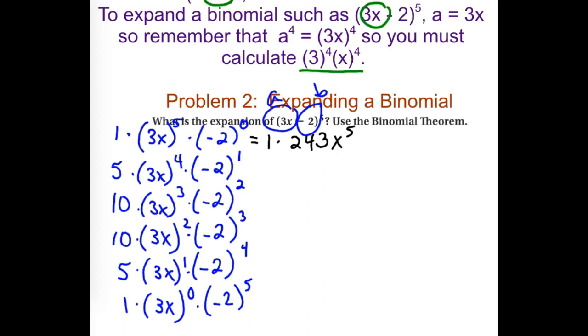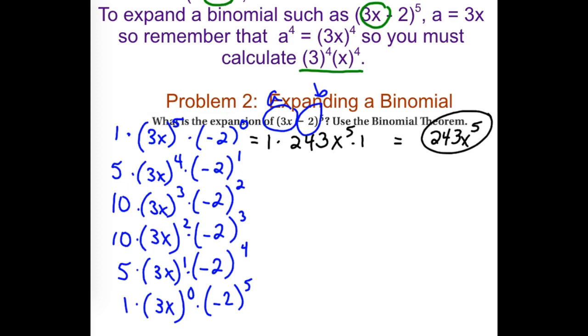And x is being raised to the 5th as well. Okay. And then what is negative 2 to the 0? That's a 1. Okay. So if I take 1 times 243x to the 5th times 1, I get 243x to the 5th. Okay. That's going to be the first term of my answer.